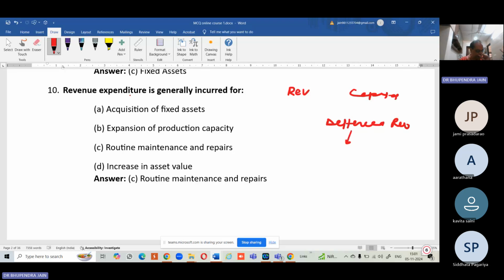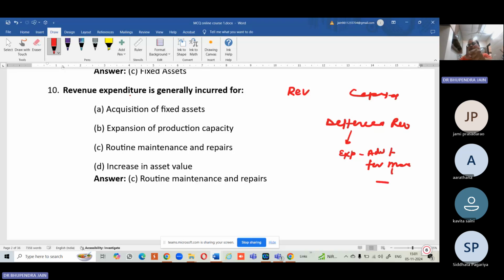An example of deferred revenue expenditure. Not always advertisement. Sometimes advertisement may be deferred revenue, but sometimes advertisement may be revenue. You can't say that advertisement is an example of deferred revenue. This is a wrong answer. Expenditure incurred for advertisement, for what? For a longer duration of future years.